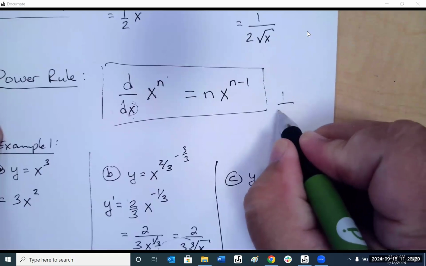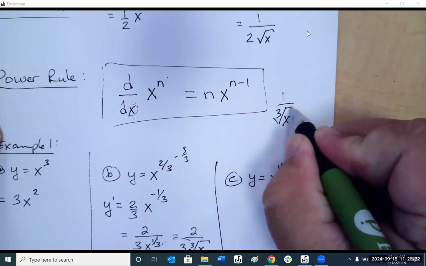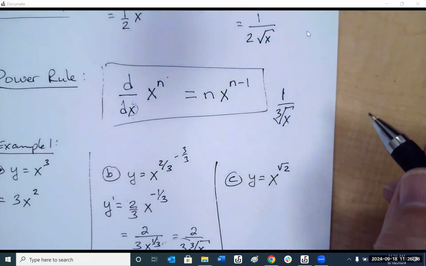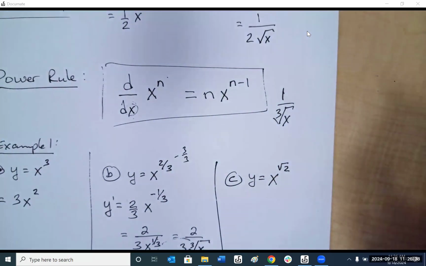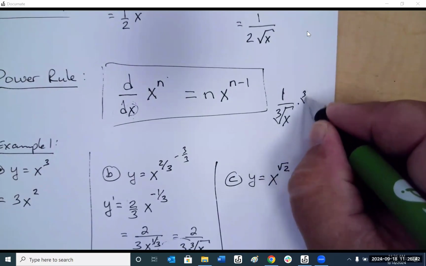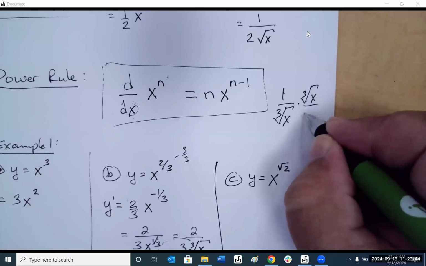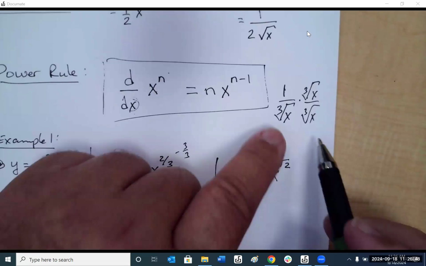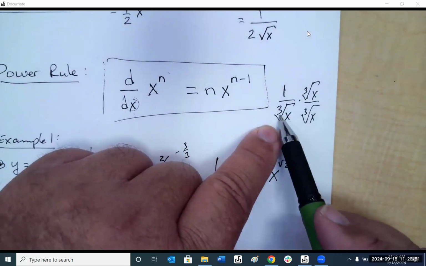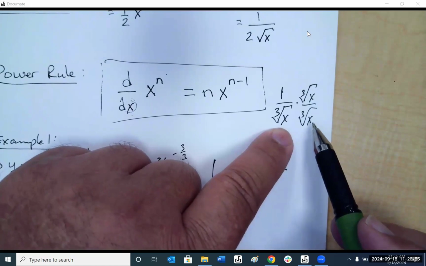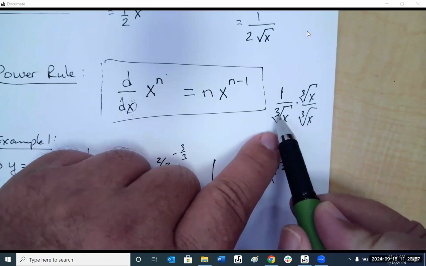We had 1 over cube root of x. We can't have a radical on the bottom. So what do you multiply by? Like that? No. Because if you multiply these, you'd end up with cube root of x squared. Nothing cancels. You need to have 3 x's.